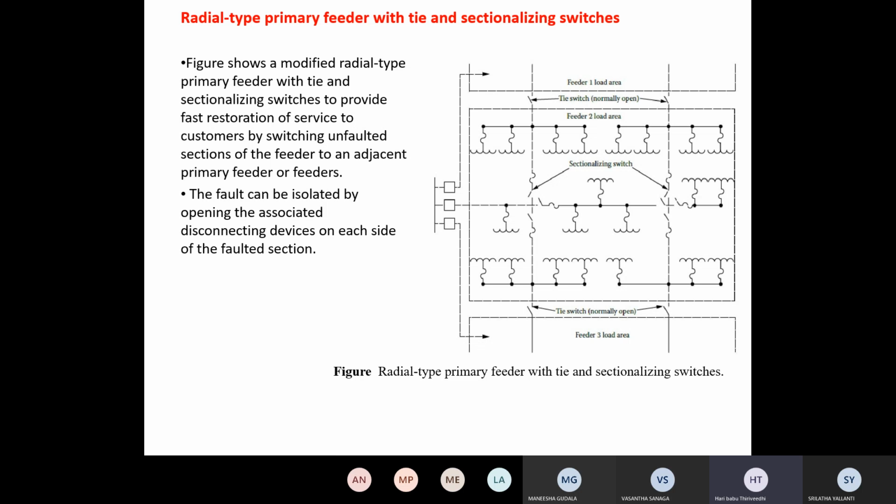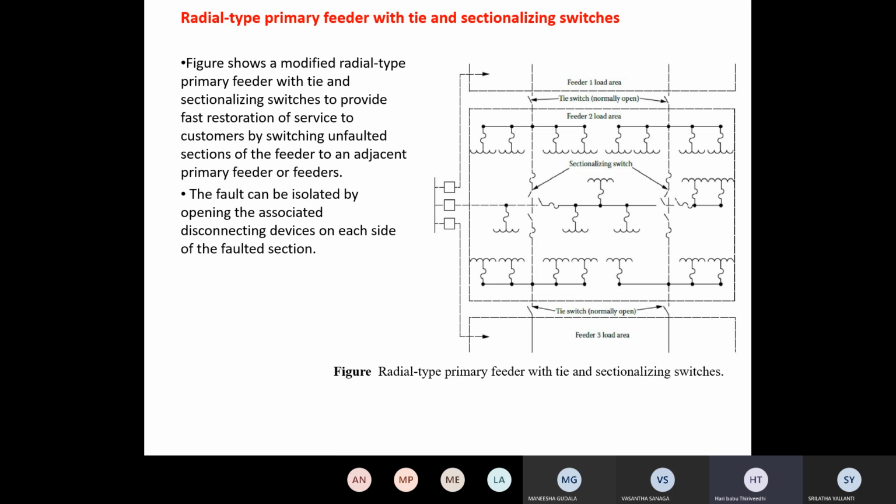It is normally open, and whenever a fault occurs it may be closed. That helps the sectionalized switch. The sectionalized switch is also closed, and the power goes through the sectionalized switch. After the faulty section is isolated, we have to open the tie switches, and the sectionalized switch also opens.